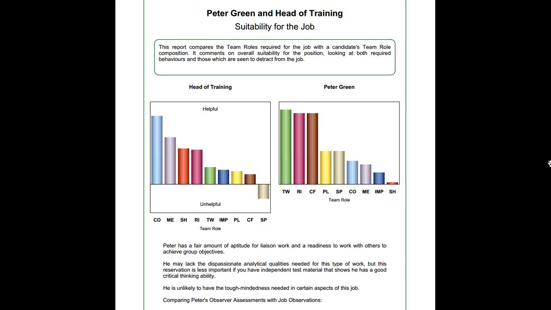Okay. So in this case, on the right-hand side, we've already sat down with a manager for the heading head of training, and we've used the profiling part of Belbin we call job requirements.